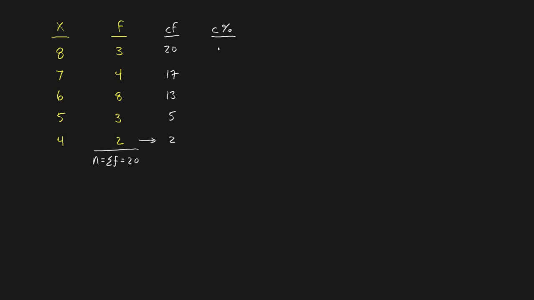Cumulative percentages are simply taking your cumulative frequencies, dividing by n, and then multiplying by 100%. So if I did 20 divided by n, which is 20, that's 1, times 100%. 1 times 100% is 100%.